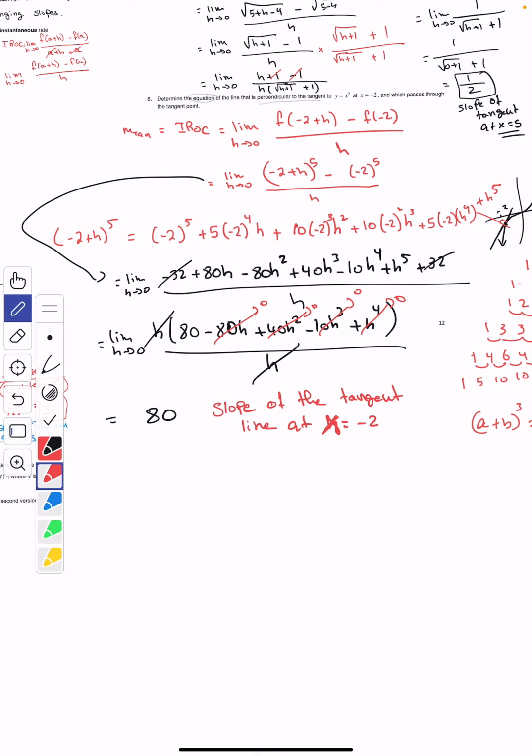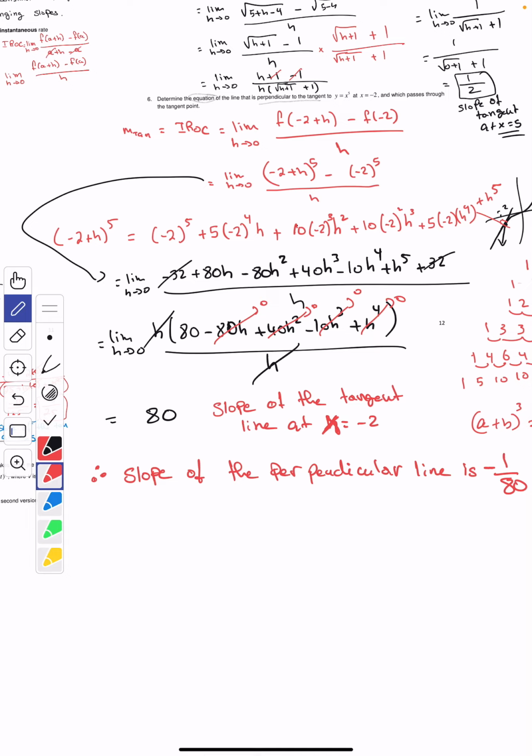So that means the slope of the perpendicular line is negative 1 over 80. So that's the negative reciprocal. All right. Now I determined the slope.